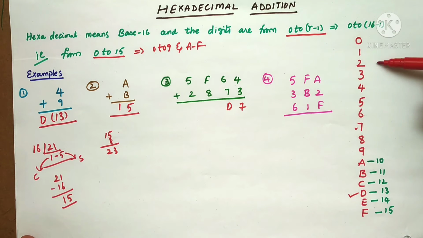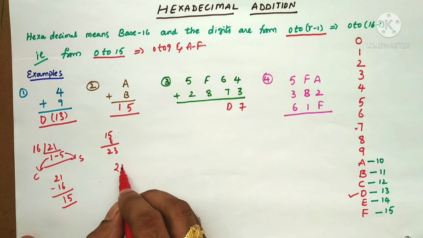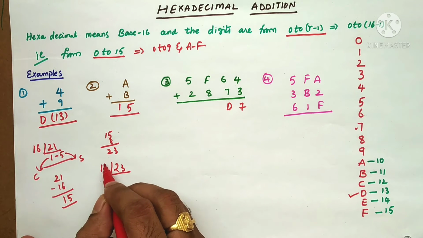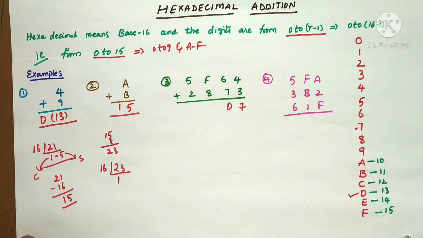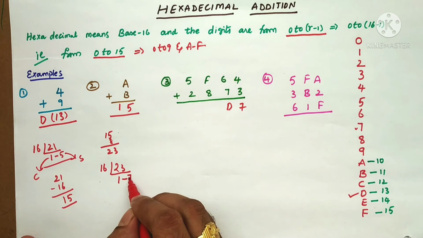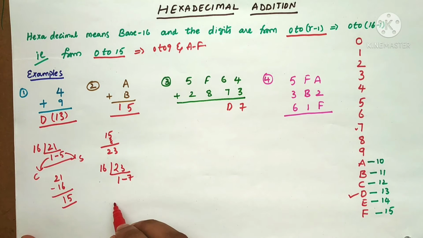23 is not in the hexadecimal number system. It is a decimal number. We have to convert this 23 into the hexadecimal number system by dividing by 16. 16 ones are 16. The remainder is 7. We can do it like this also: subtract 16 from 23, the answer is 7.